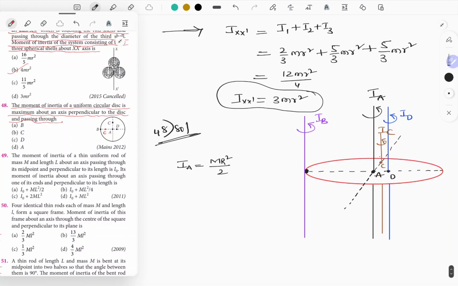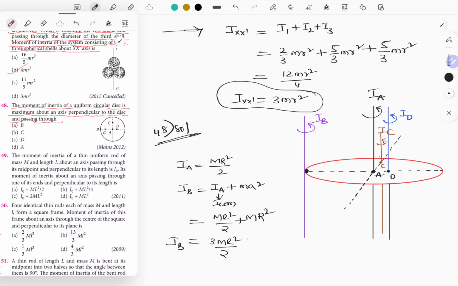The moment of inertia through the axis IB, through the axis passing through the tangent and parallel to the axis passing through the center of mass, is going to be IA plus M a square, right? This is I center of mass, the axis passing through the center of mass. So IA is m r square by 2 plus m into r, let's say it is r square. So finally we are going to get 3 m r square by 2.